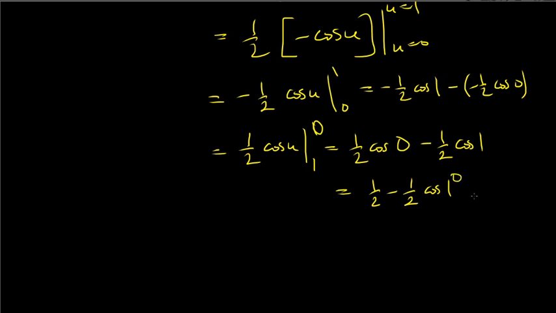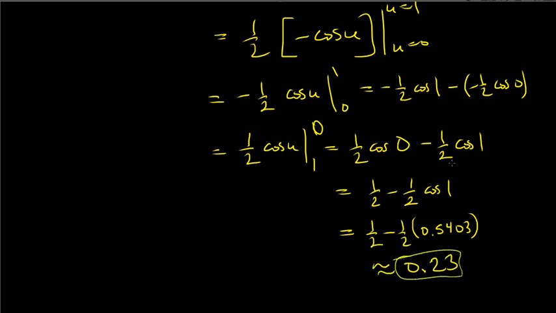This is 1 radian. It's just a pure number, radians. So this is 1/2 minus 1/2 of approximately 0.5403, and so it's about 0.2298. So I guess approximately 0.23.